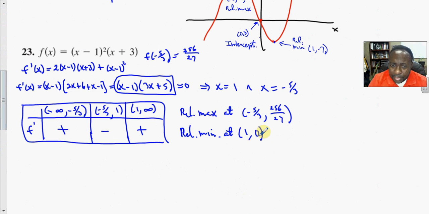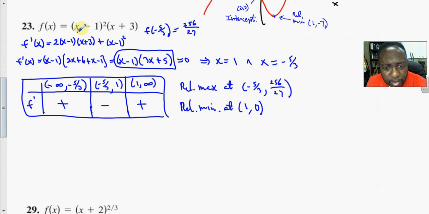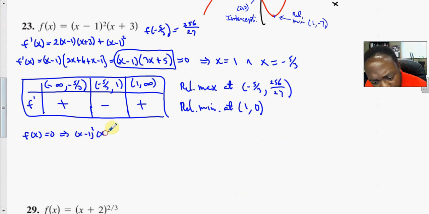Well, let's see. What happens when the function is 0? So when f of x equals 0, this implies that (x minus 1) squared times (x plus 3) equals 0.